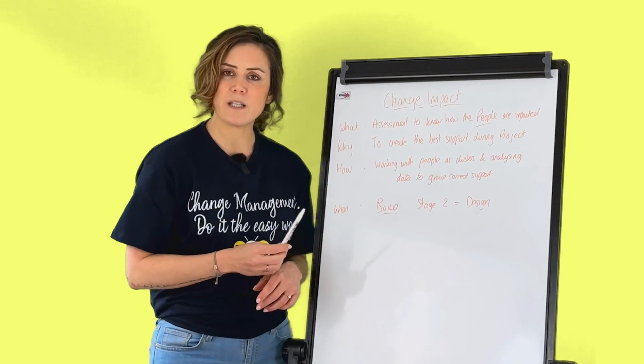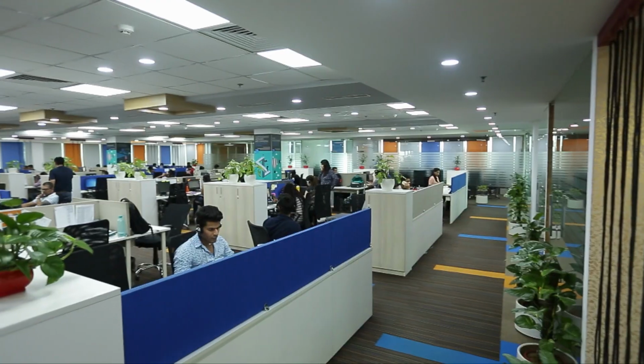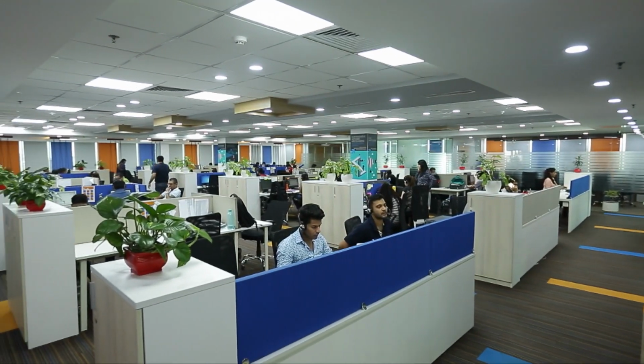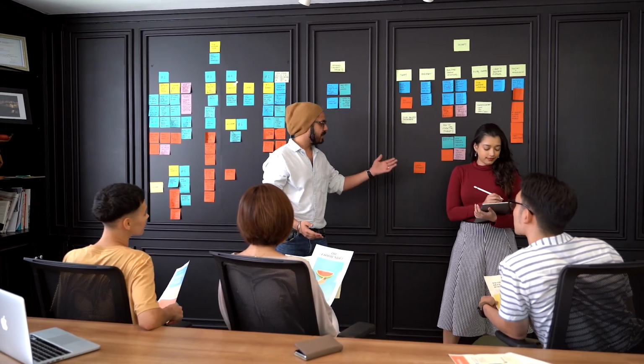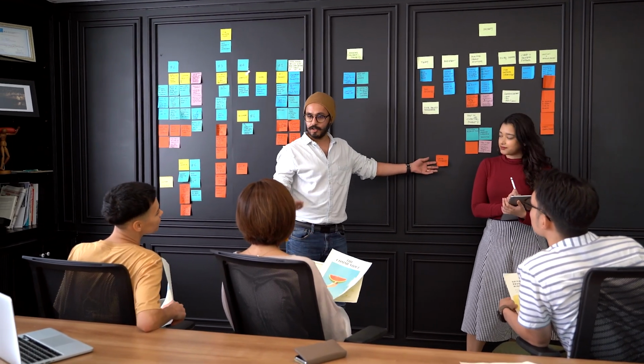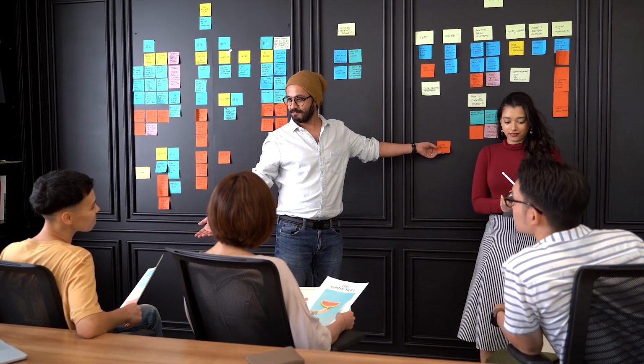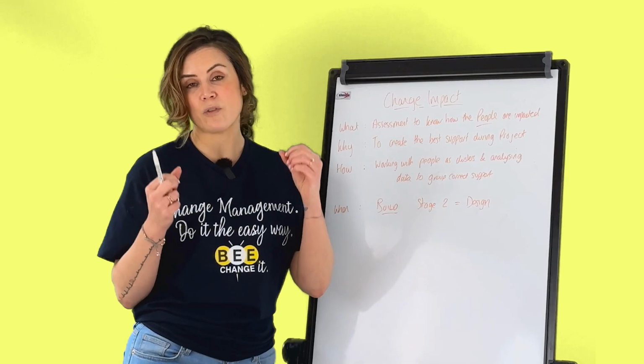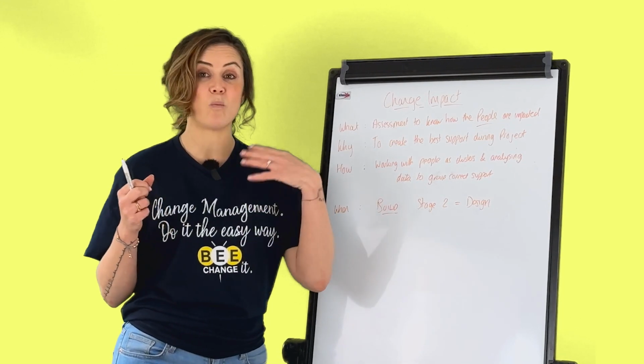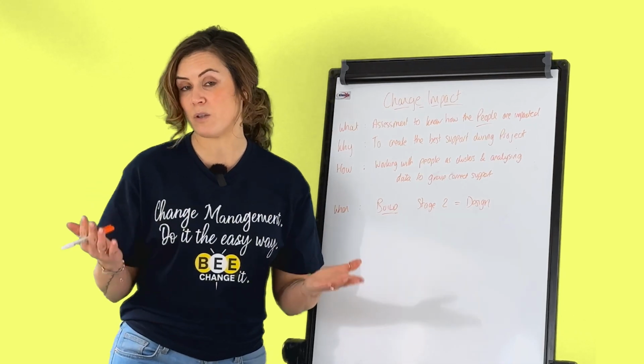So how do you do this? You essentially cluster groups of people based on specific roles or types of focus that they may have, or the need of the change. You'd then understand what the impact of the change is going to be on them, based on what they currently do today and what they're going to do in the future.